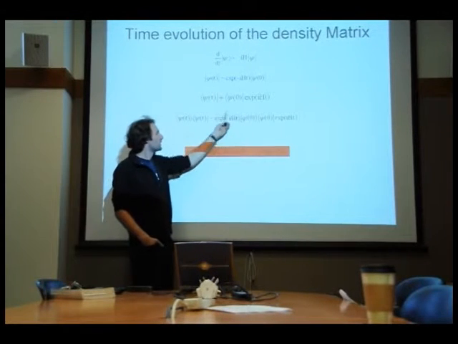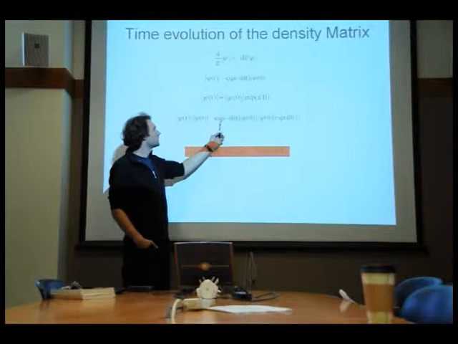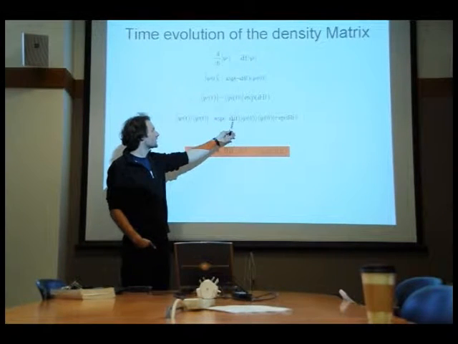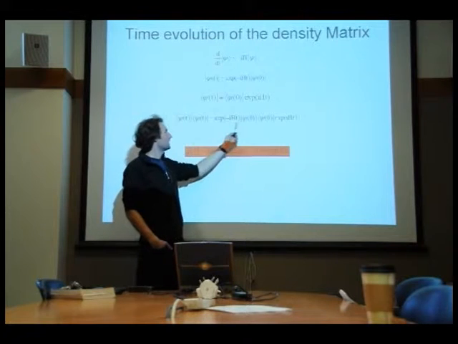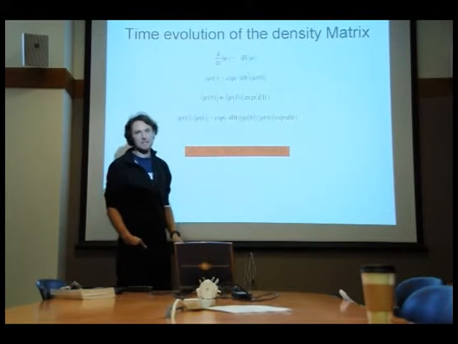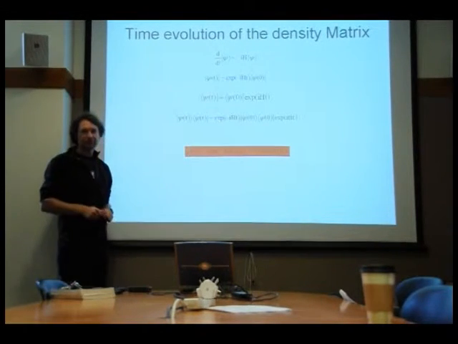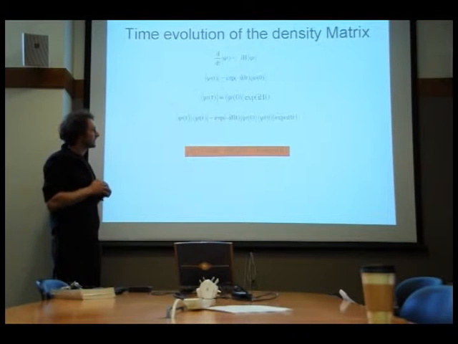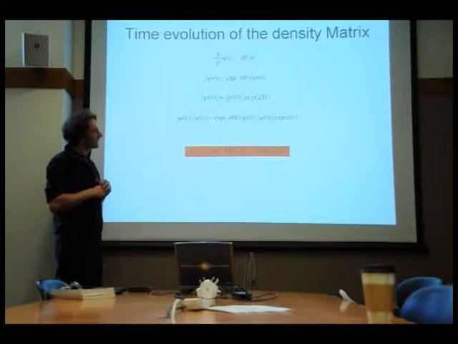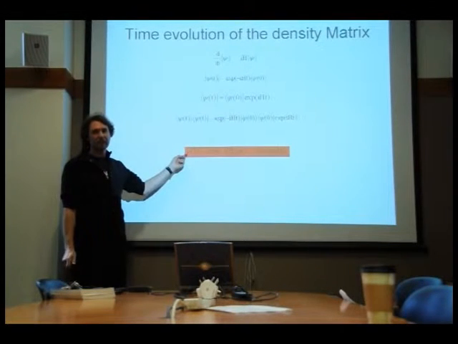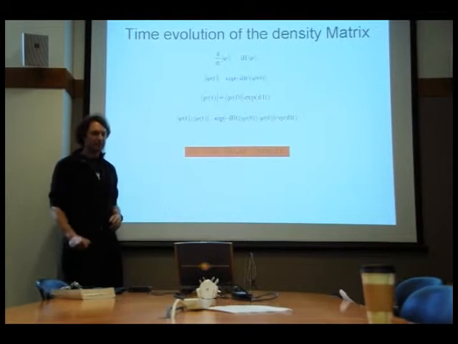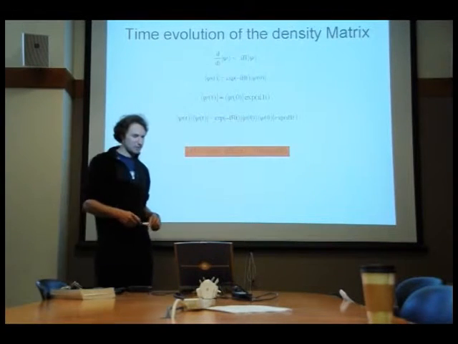And we know now that all we need to do, if we have some Hamiltonian, is to multiply the density matrix from the left and the right with these two terms. Now all we have to do is find out how to easily evaluate this equation, right? And luckily, in some cases, it's very simple.